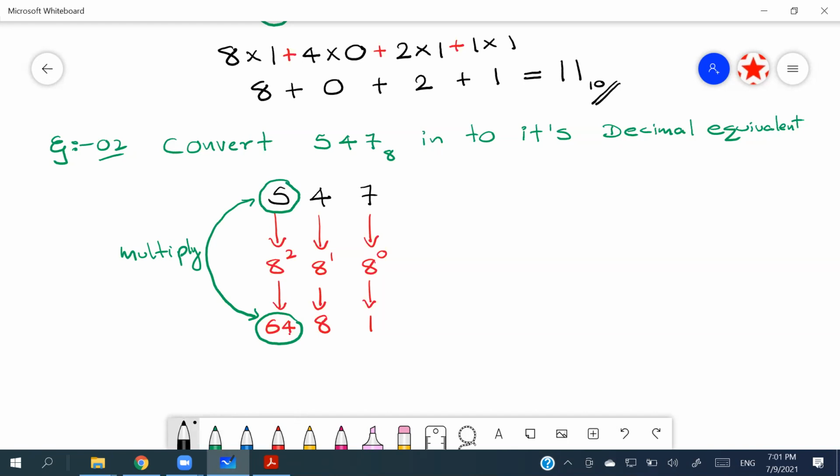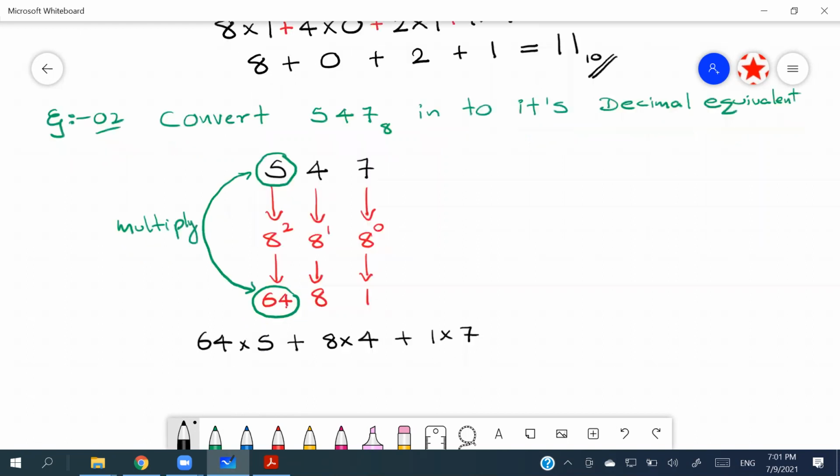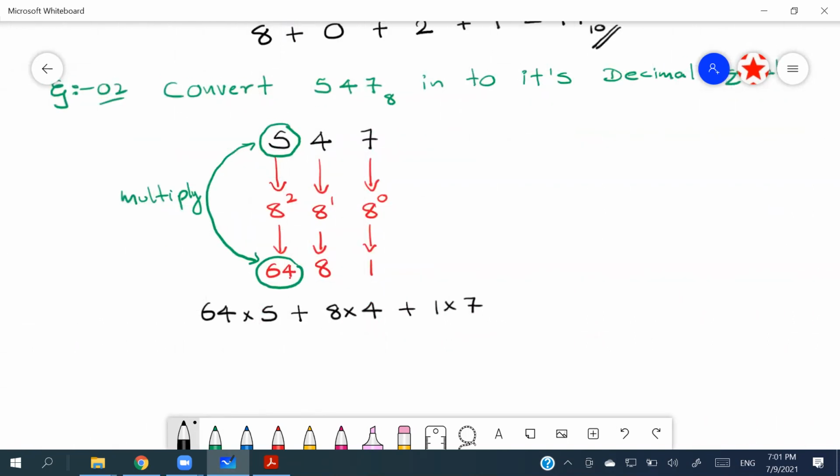So how is it going to be? 64 into 5 plus 8 into 4 plus 1 into 7, which is going to give you: 64 into 5 gives 320, 8 into 4 gives 32, and 1 into 7 gives 7.